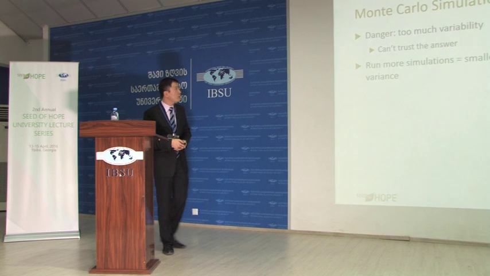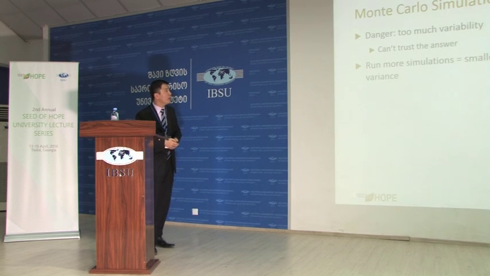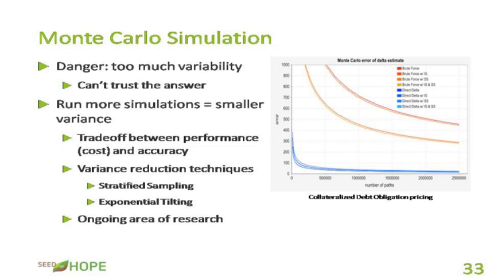Right? The problem is that the error rate does go down with the number of simulations you do. But sometimes it goes down really slowly. It's true that when you run more and more millions of simulations, your error rate will go down. But sometimes it goes down really slowly if you're just doing it by brute force. So people come up with other techniques to reduce the variance. It's called stratified sampling, exponential tilting.